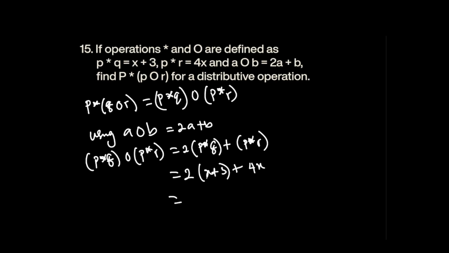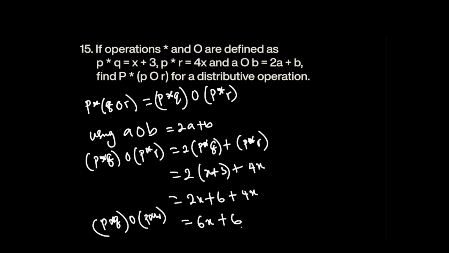You therefore have 2 times x, that's 2x, plus 6, then plus 4x. And this will then give us that P operation Q, then operation P operation R equals 6x plus 6. So this should be the final result for this particular question.